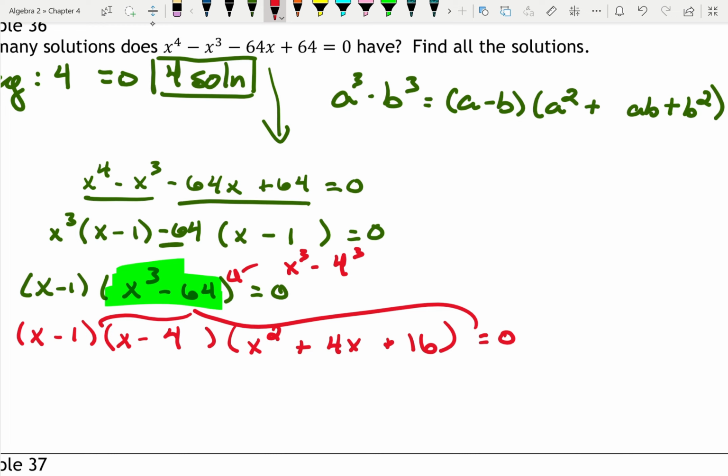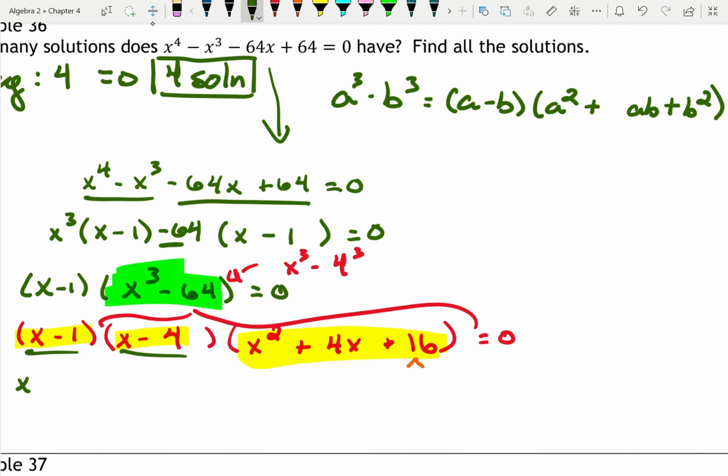Now that we have it broken apart, x minus 1 is pretty simple, and x minus 4 is pretty simple. Then we have this x squared plus 4x plus 16, and it'd be awesome if we could factor that, but I don't think it's going to factor. For 16, we look for 2 numbers that multiply to be 16 and add up to be 4, and I'm just not coming up with one. So we're going to break it apart so we can take care of the x minus 1 and the x minus 4.